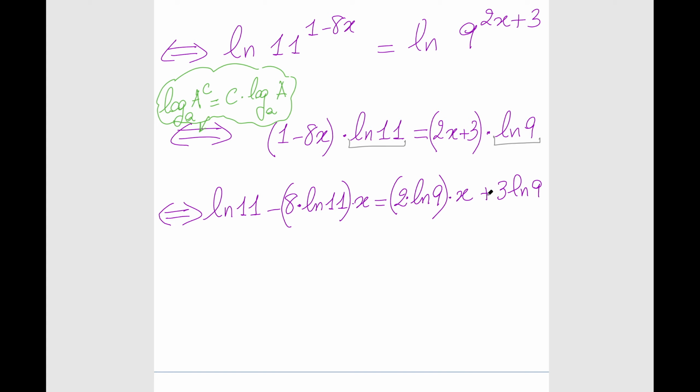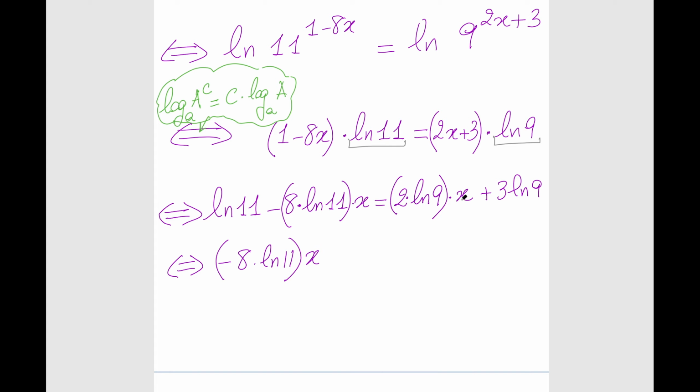So we used to bring all the x's together on one side and bring all the constant terms to the other side, bundle them up, right? And then divide by the coefficient that they're going to pile up for x on this side, correct? So what we get is minus 8 times ln of 11 times x on this side.